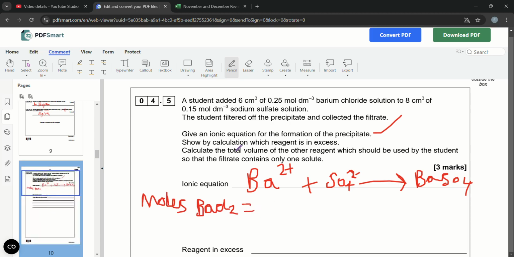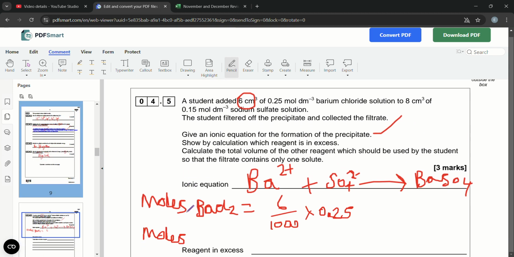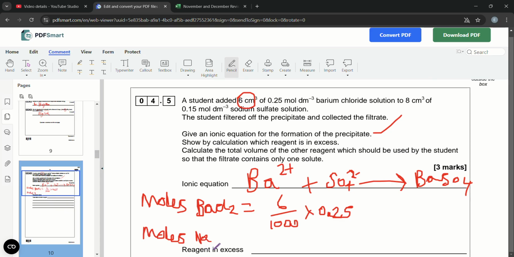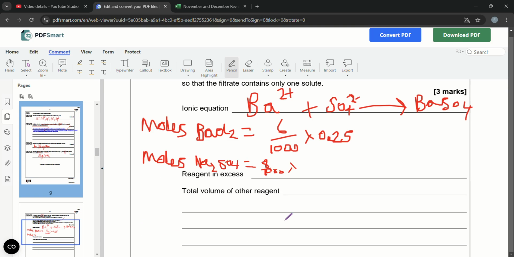So it's 6 divided by 1000, because the concentration is in mole per dm cubed, times 0.25, and we can find the moles of sodium sulfate, Na2SO4, 8 out of 1000 times 0.15.